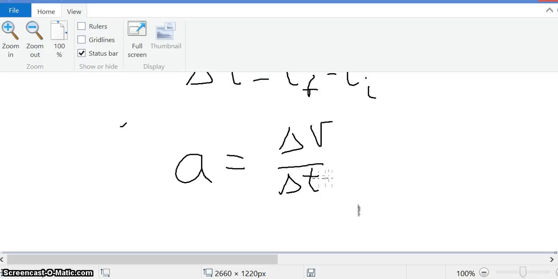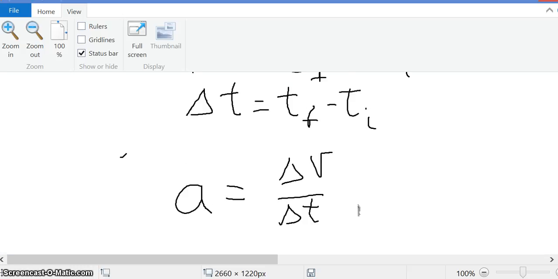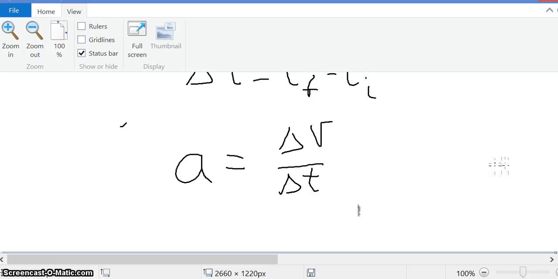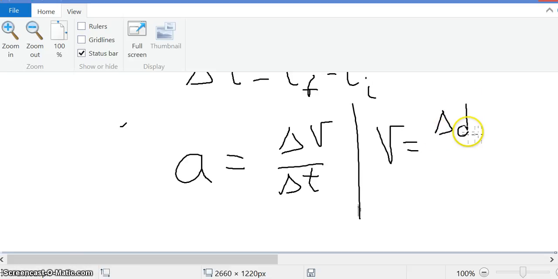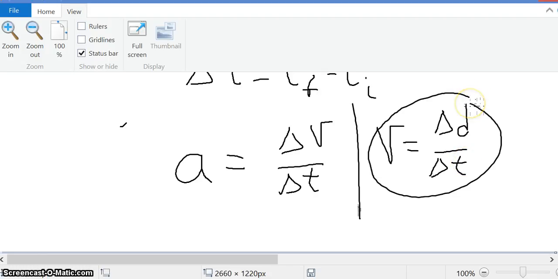And velocity, which I guess I should have covered already, the velocity of a quantity is the change in position divided by the change in time. So that quantity can change with time, and that's what we mean by acceleration.